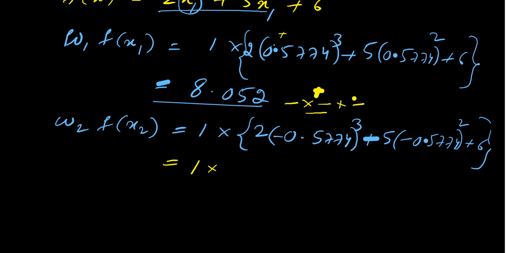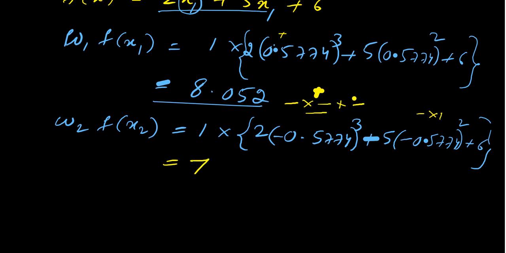So after that, what will be the total answer? Let us check. We are getting 7.282 for w2 f of x2.